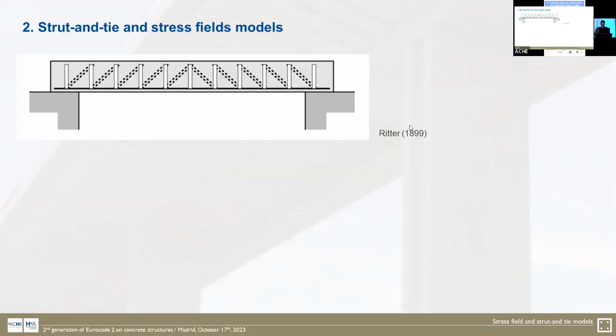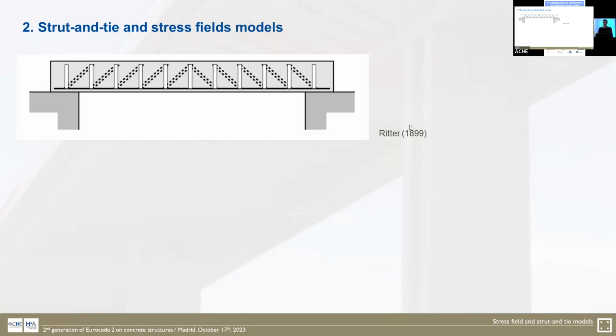So just to clarify also why we're seeing these strut and tie and stress fields, perhaps it is good to highlight once again that they are, in fact, expressions in some sense of the same phenomenon, but they come from different historical origins. And this is why they have been even chosen as different schools and even different procedures to develop one or the other.